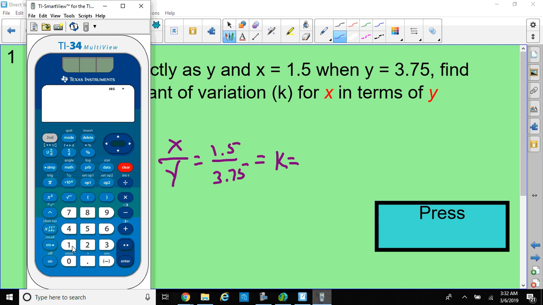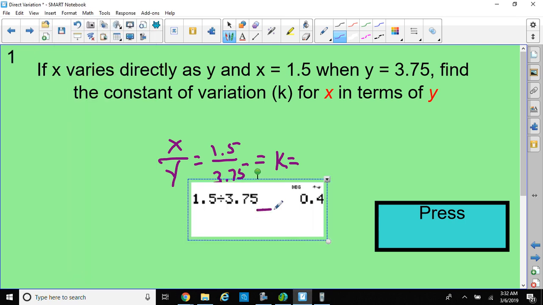So 1.5 over, or divided by, that fraction bar, by the way, means divide, 3.75. Press enter, and I get 0.4. Oops, let's erase that.